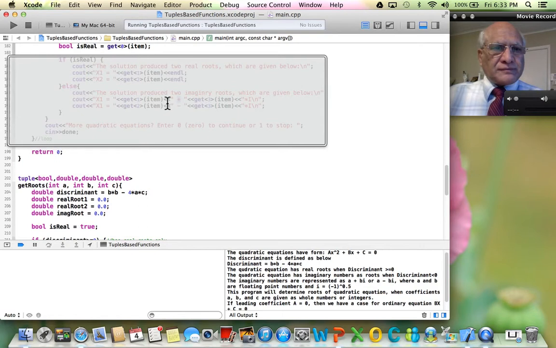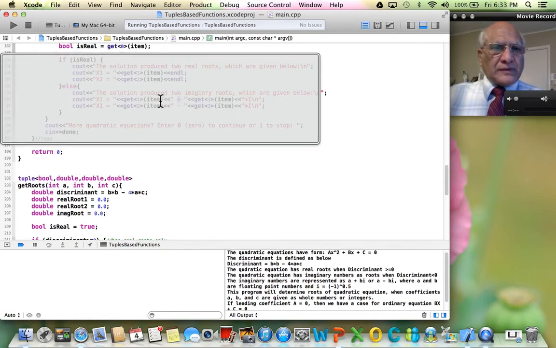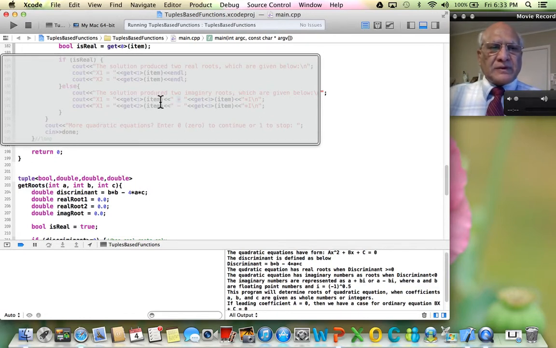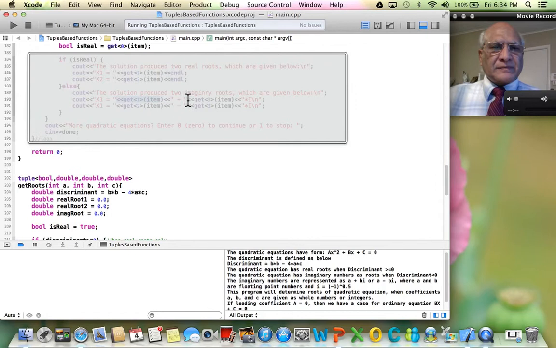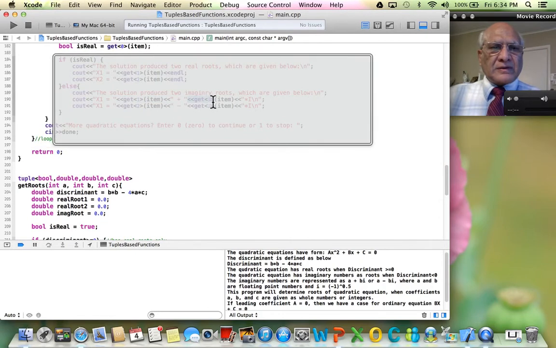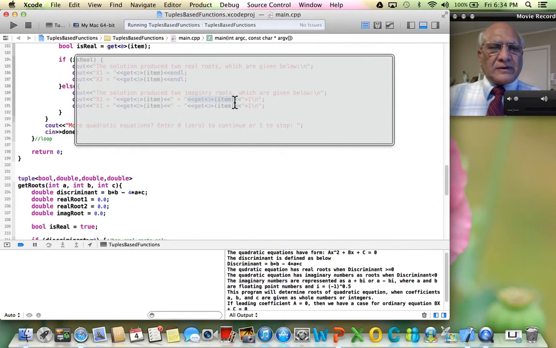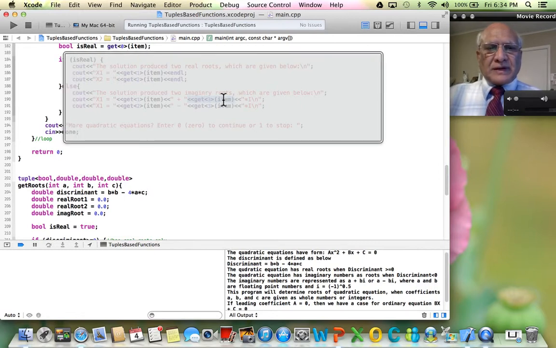So x1 will be item with index 1, which is the second item actually, the real part of the root, this is the real part of the imaginary solution, plus the item with index 4, from the tuple item.